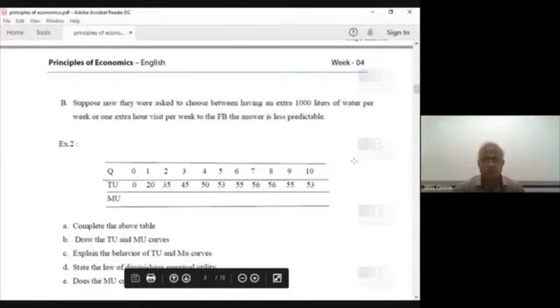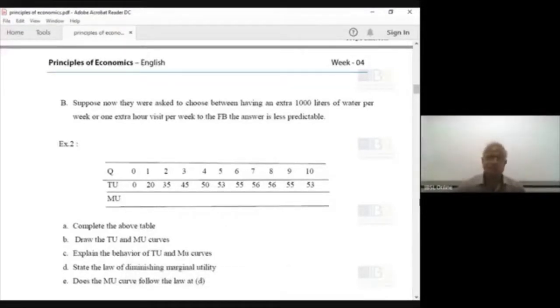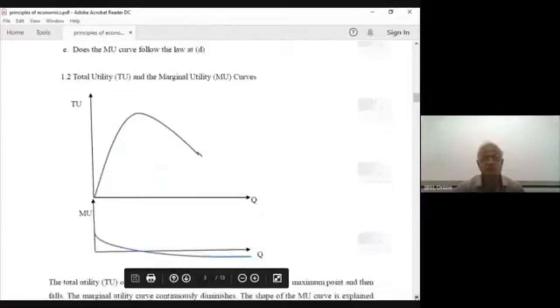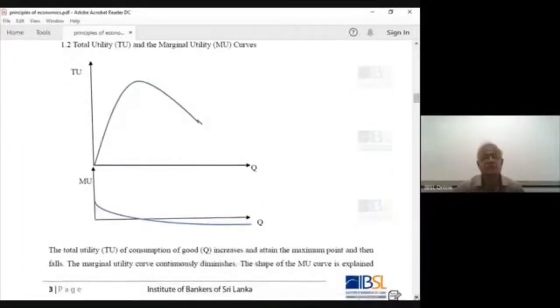Now you can complete this table. Draw TU and MU curves. This axis quantities, TU. Next one, quantities, MU. Explain the behavior of TU and MU curves. I have explained that here. Now I have the curve. You see the curve. Total utility and marginal utility curve. Total utility of consumption increases, attains a maximum point and then falls.